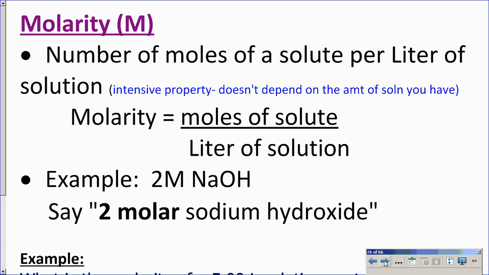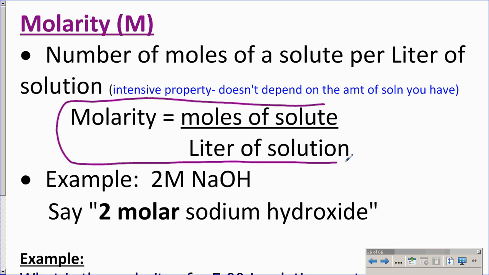Molarity is going to be our big one, and we are already fairly familiar with what it is. If you don't write anything else, at least write this: moles of solute over liters of solution.